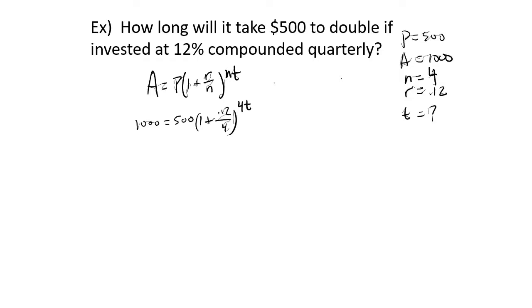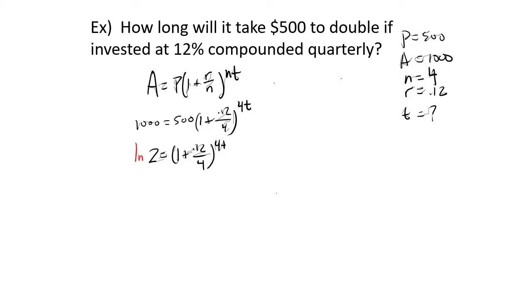Now if we divide both sides by 500, we see that 2 is equal to 1 plus 0.12 over 4, to the 4t power. Now we have an exponent problem here, so we can apply logarithms. This is the knowledge we have to solve for t. So why don't we take the log of both sides? In fact, let's just take the ln of both sides because ln is fewer letters.